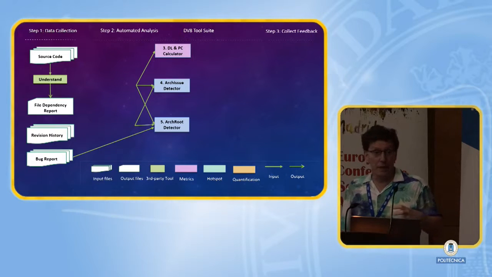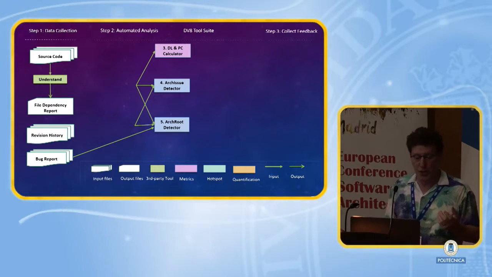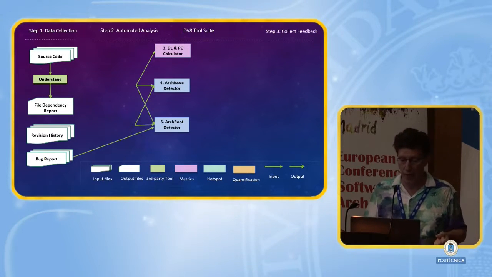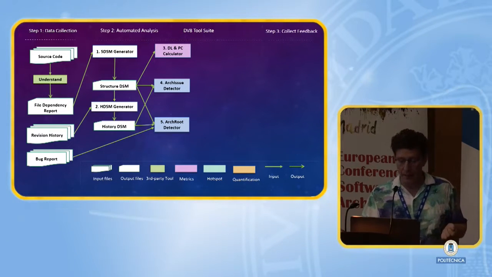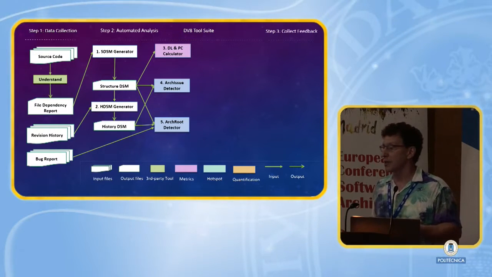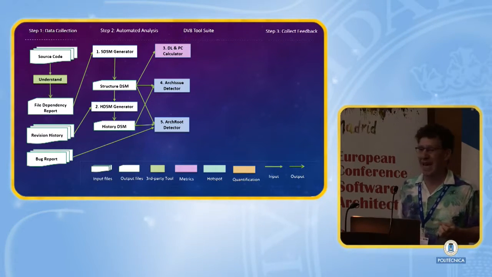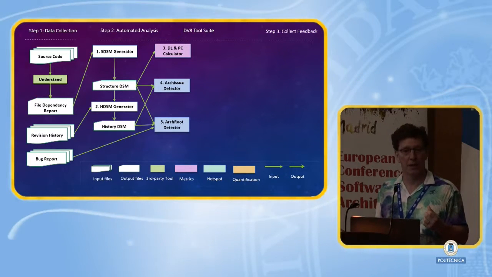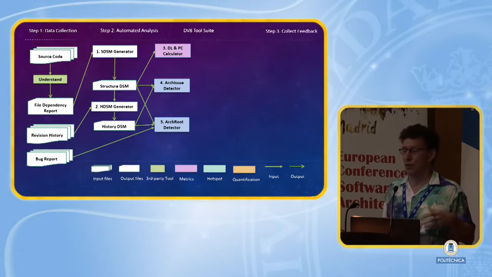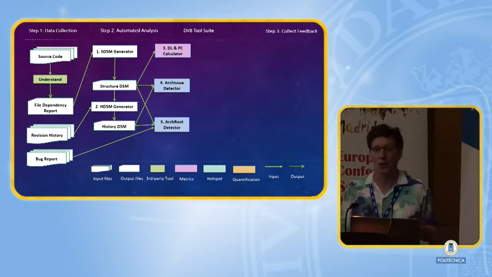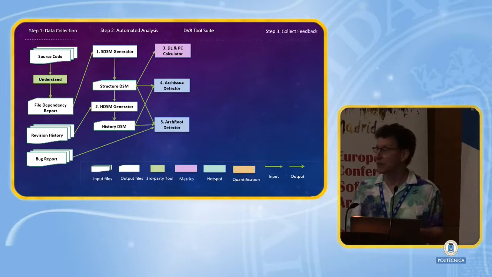And we extract all the information I just mentioned: the source code, the revision history, the issues from the issue tracking system. We generate a number of representations of this information where we can analyze the dependencies between these artifacts. For source code artifacts, there are structural dependencies, and we create an SDSM, a structural design structure matrix.